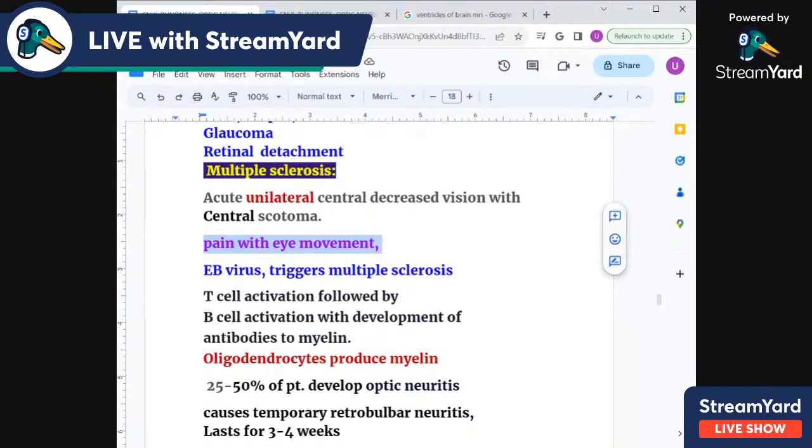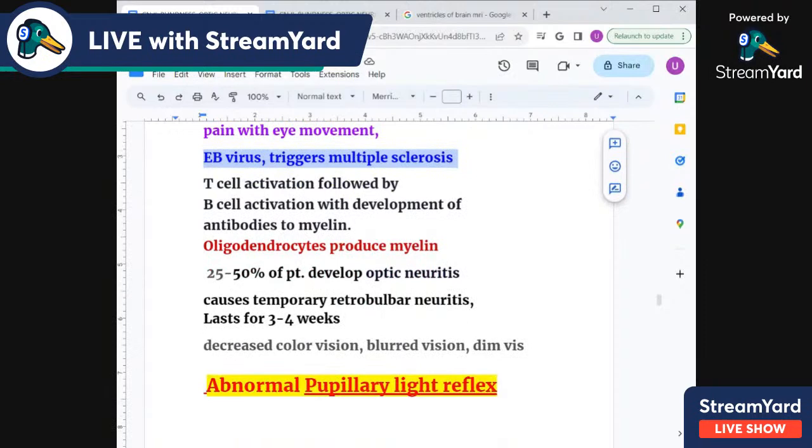It's said that Epstein-Barr virus may also trigger multiple sclerosis. Oligodendrocytes produce myelin, repairing damage, and about 25 to 30% of patients of multiple sclerosis develop optic neuritis at some time.